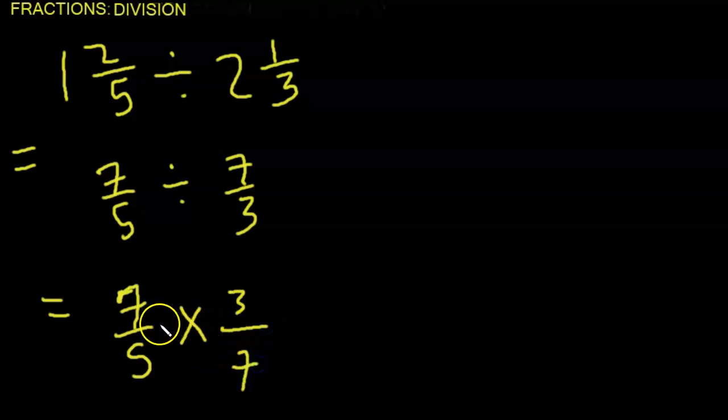And again, you'll recognize that this 7 can divide into this 7, leaving us with just 3 over 5. But let's take some extra steps here. When you multiply two fractions, remember, numerator times numerator over denominator times denominator. So 7 times 3, that's 21. 5 times 7, that's 35.